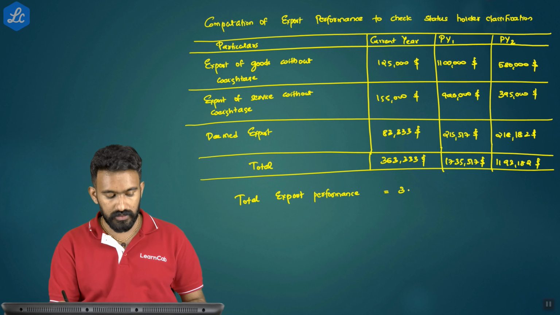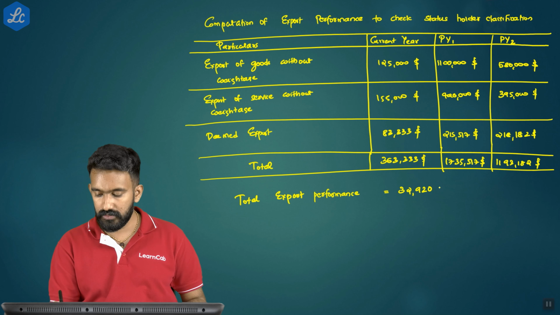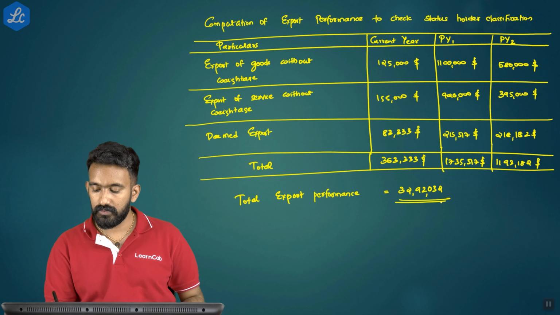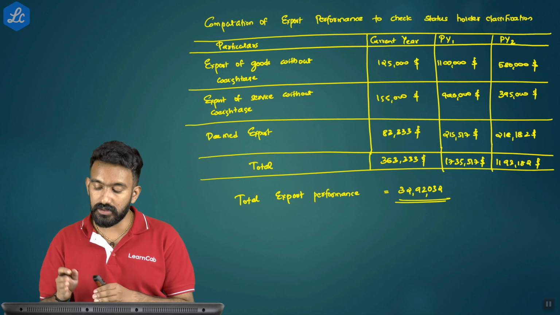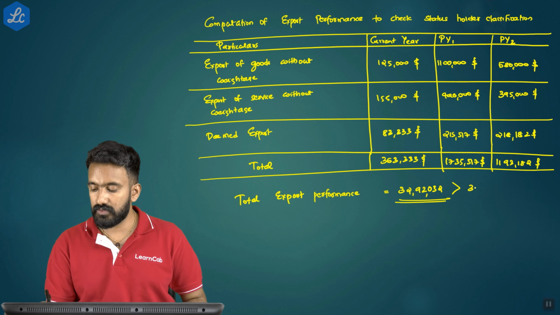Totally it is 32,92,32, which is more than $3 million.